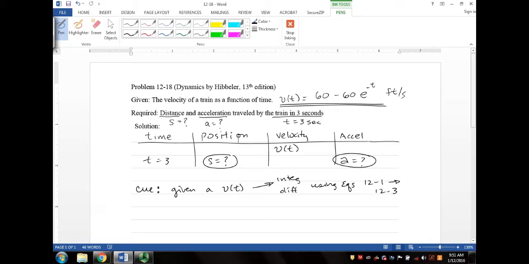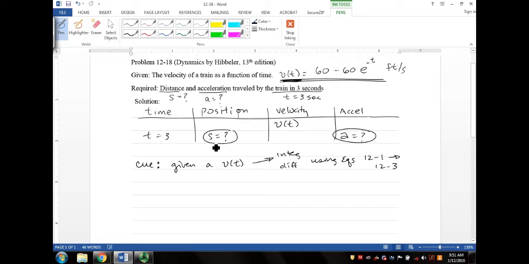Given a velocity function, we can find the position by integrating it, meaning we know that velocity is ds dt. Since the expression for v is known, we'll substitute that. So 60 minus 60 e to the minus t is equal to ds dt.